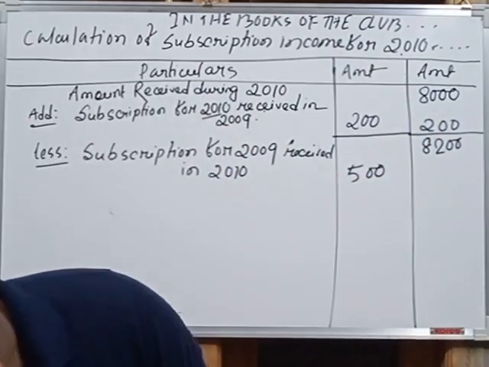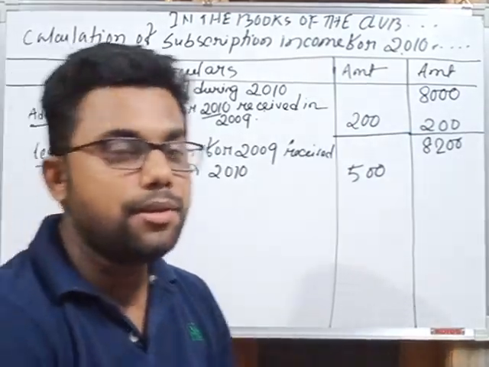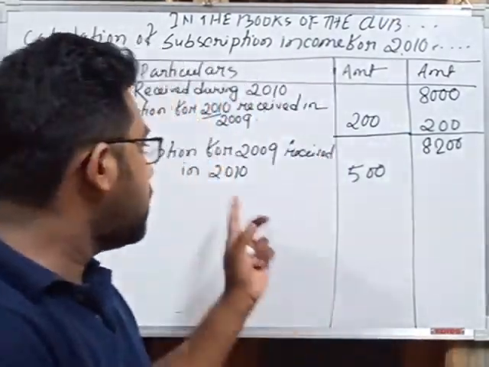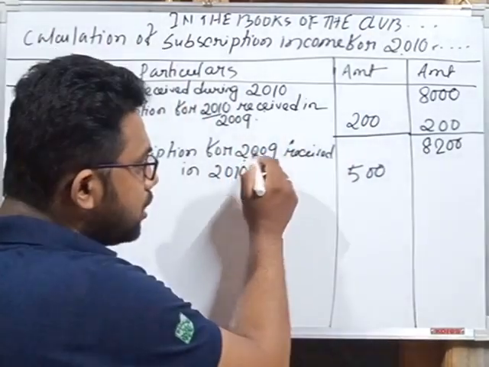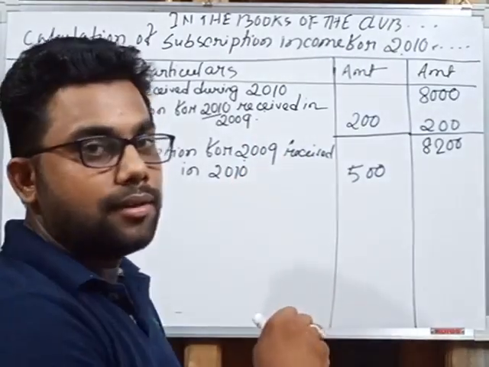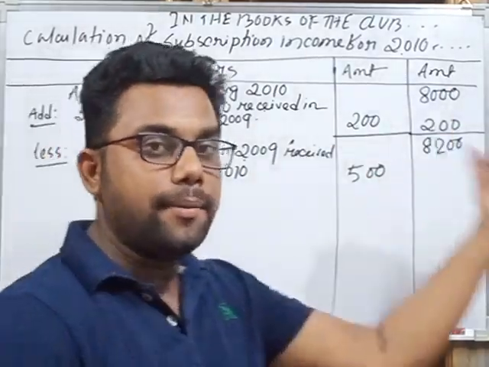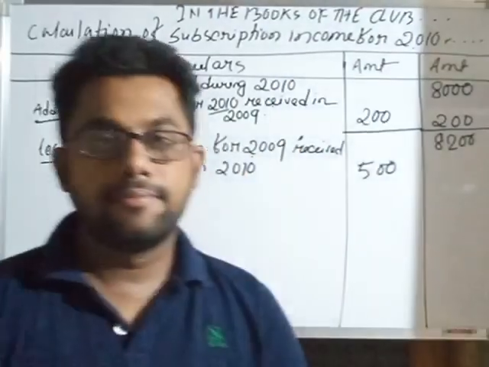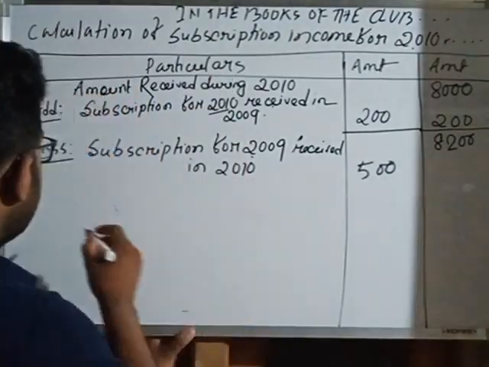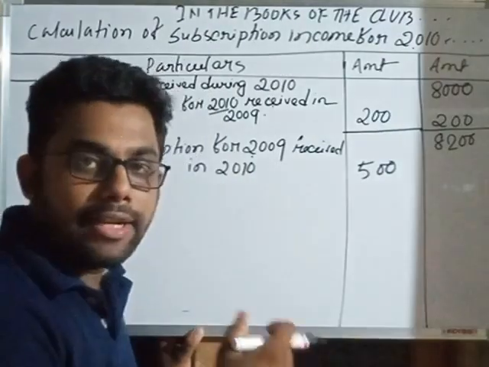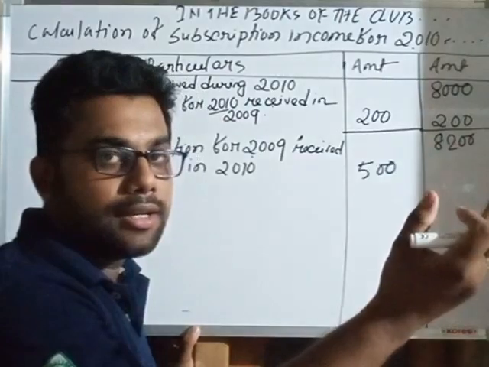Okay, what is the next item? Next item is subscription relating to the year 2011 received in 2010. Just like the previous point, where it was for 2009 received in 2010, that means for the previous year, this item is subscription for 2011. As it is the amount of income for the next year, but we have received that in the current year, it is income for the next year, not for the current year.